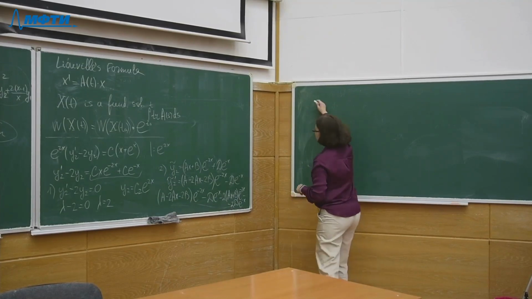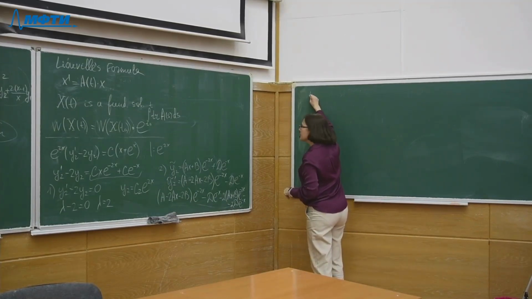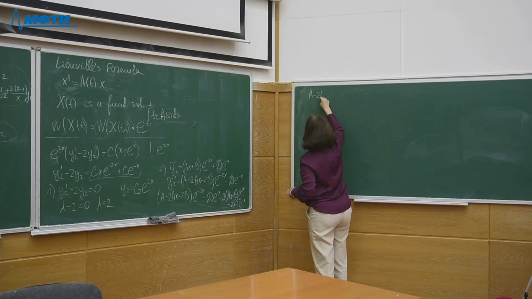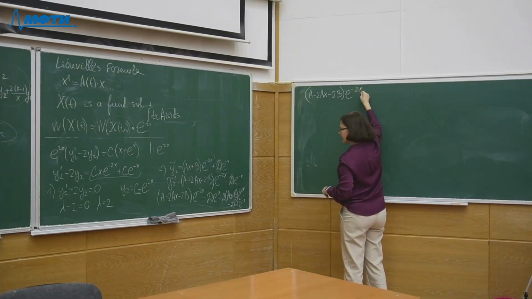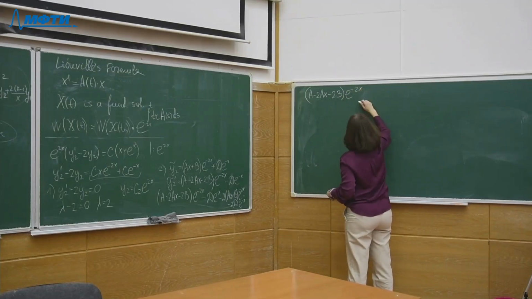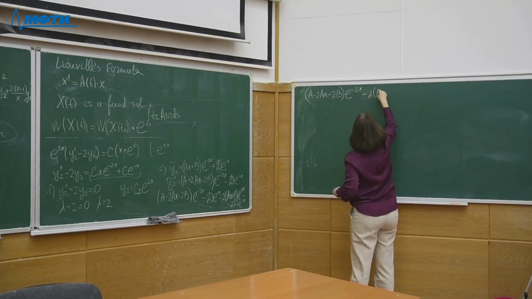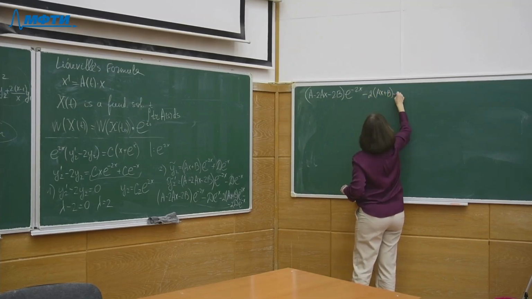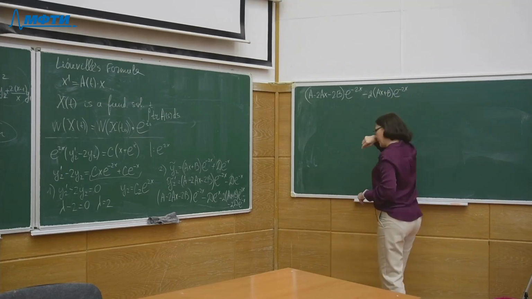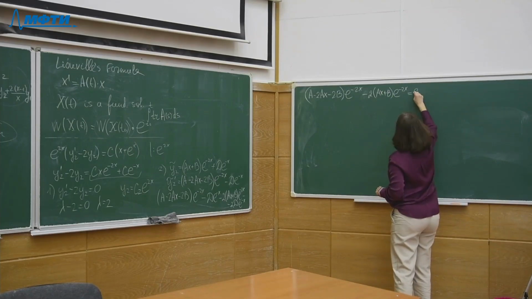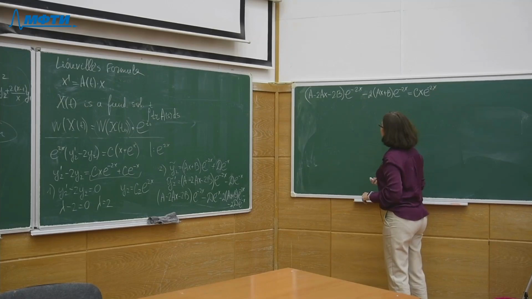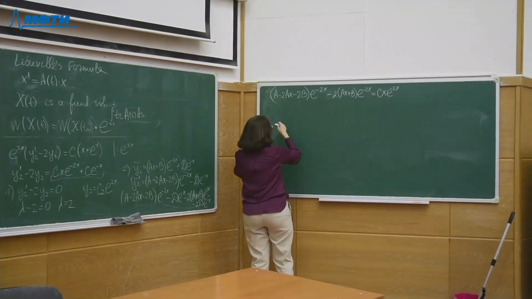So a minus 2ax minus 2b times e to negative 2x equals minus ax plus b e to negative 2x. Then from this we have the following.